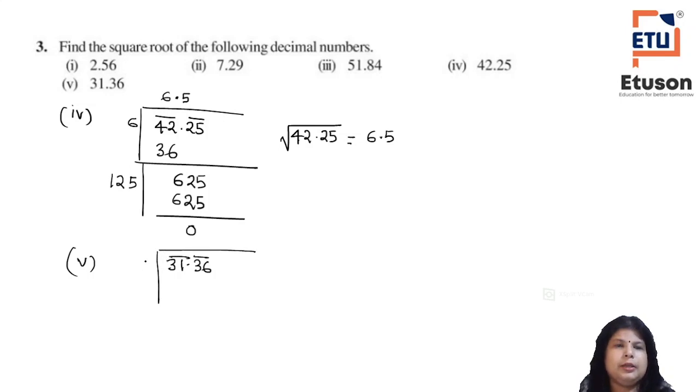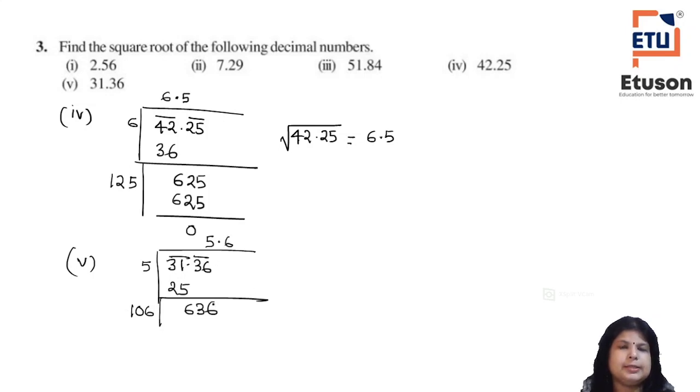So again the number whose square is less than 31 is 5. So I have taken here 5. 5 square is 25. Then you can take the remaining number, as the two numbers are after the decimal, I will put one decimal point here. Then 10. Then 6.